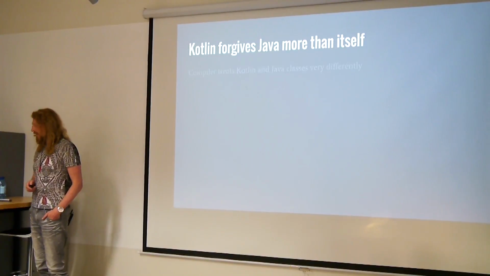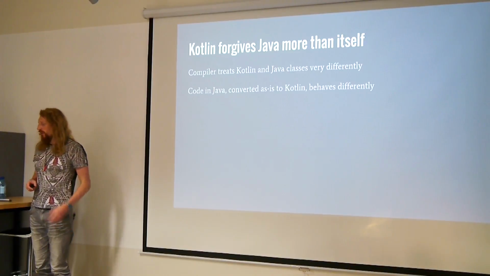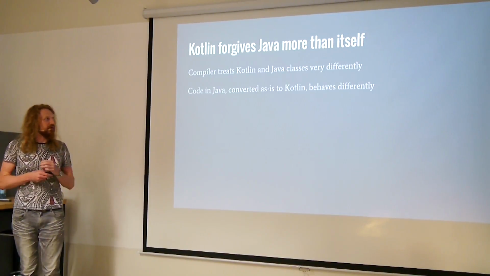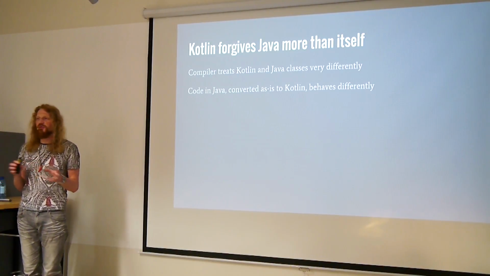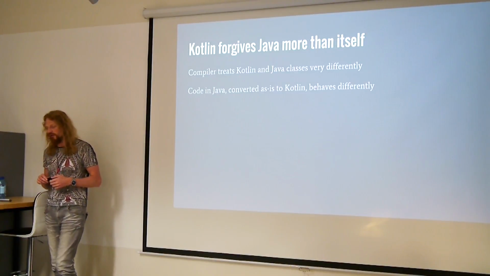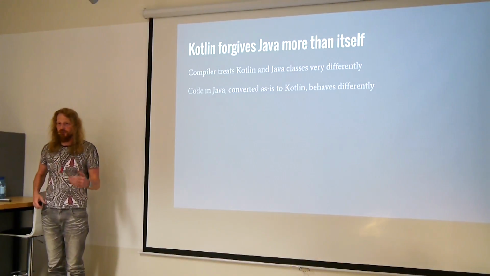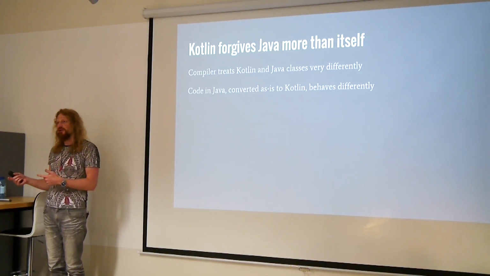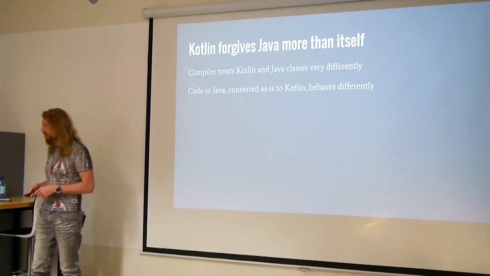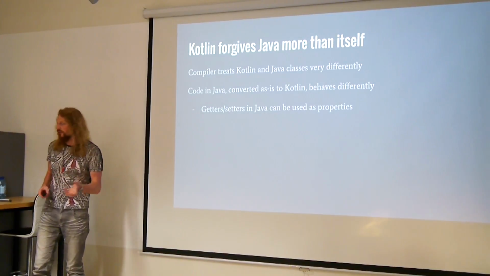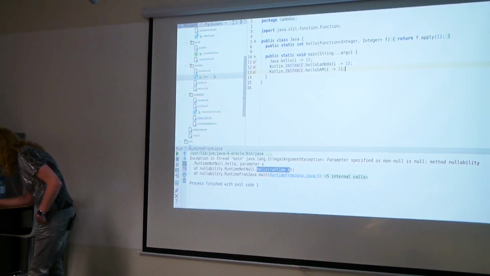So yeah, there are even more interesting things. This is a thing that I actually don't really like: Groovy, for example, treats Java code and Groovy code the same way. If you have a getter in a Java or Groovy class, you can use it as a property in Groovy. It doesn't matter if the getter is declared in Groovy or in Java. With Kotlin it's different. I'm going to demonstrate it quickly.